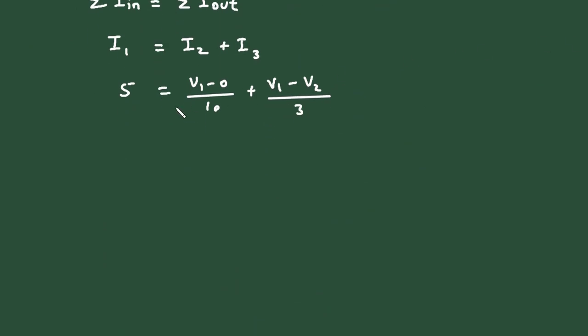Now let's simplify this. So it will be 5 is equal to V1 by 10 plus V1 by 3 minus V2 by 3. Now if we solve this, it will be V1 in bracket 1 by 10 plus 1 by 3.